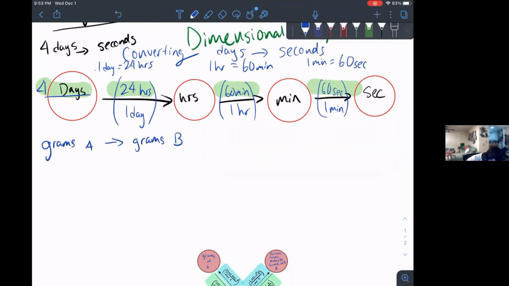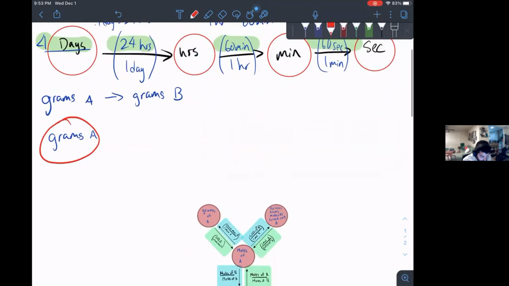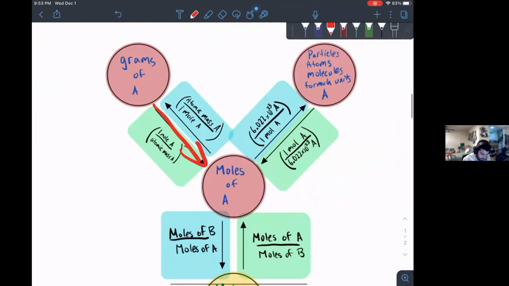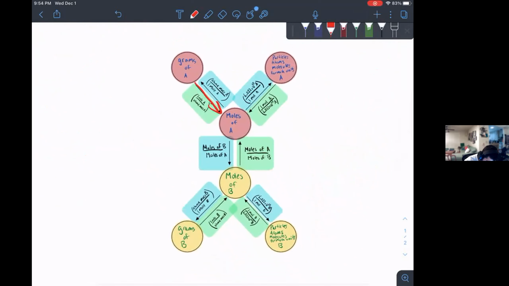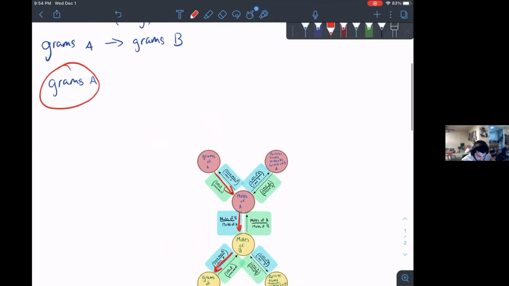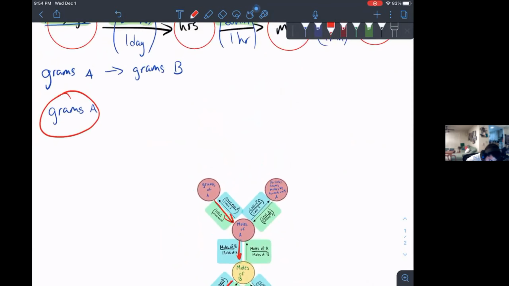So we start with grams A. I'm not gonna make these neat circles. And for grams A, we're gonna then go to moles. And we can see that because of our nice mole island. We gotta go grams A to moles A, moles A to moles B to grams B. And you might ask yourself, well, what are the conversions? Well, we'll talk about that in just a minute.